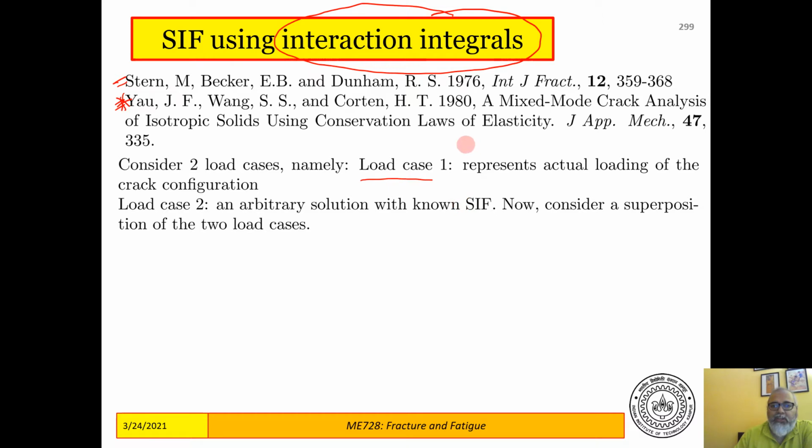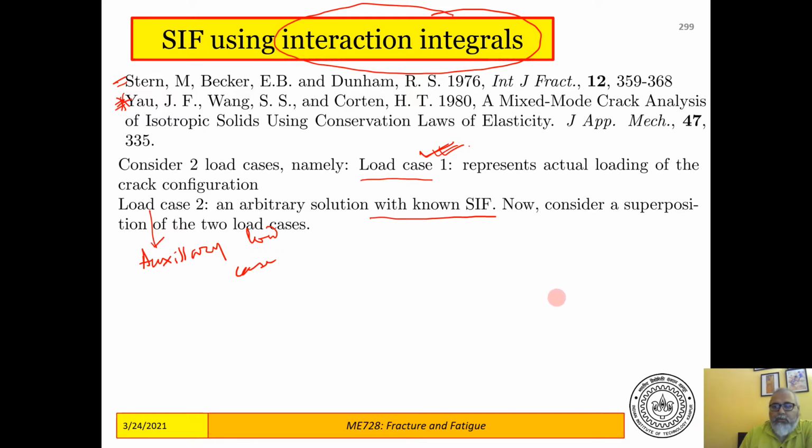This is the load case where we actually want to find the stress intensity factors, and we take an auxiliary load case, where we have a case with a known stress intensity factor, and we use the connection between these two to find the stress intensity factor in this case.